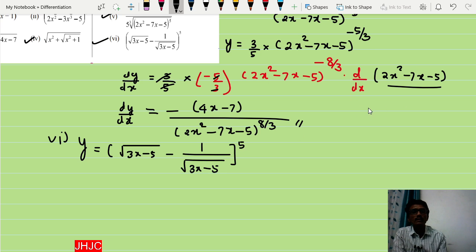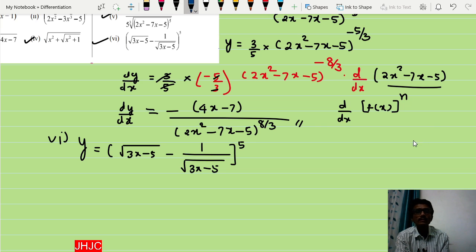So we apply here the derivative of f(x) raised to power n. The derivative of f(x) raised to power n is equal to n f(x) raised to power n minus 1 into f dash of x.